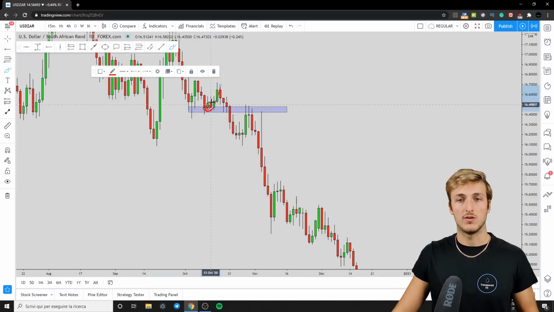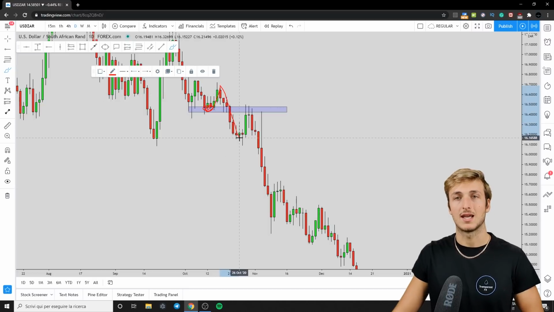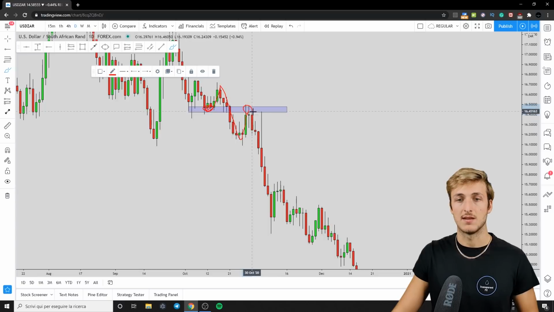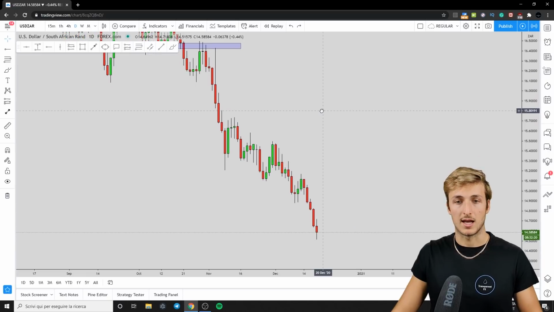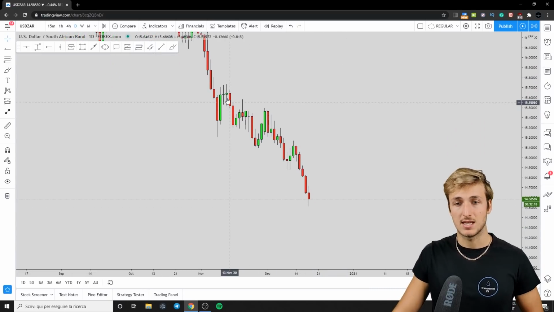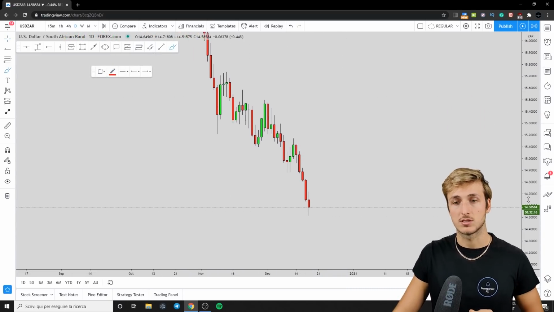So this is the previous support, which, now that the market has broken it to the downside, is turned resistance. And in fact, the market went, tested this new previous support to resistance, and created the continuation to the downside, basically establishing a downtrend.